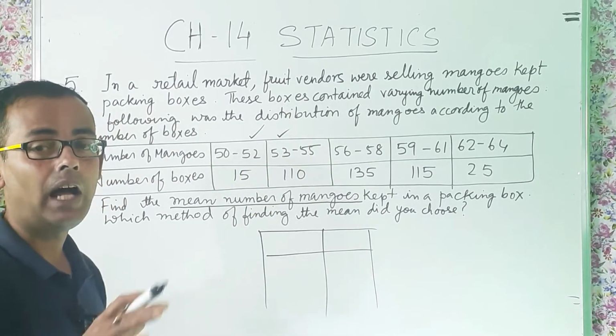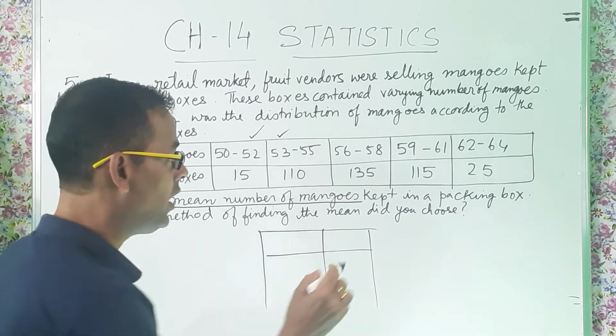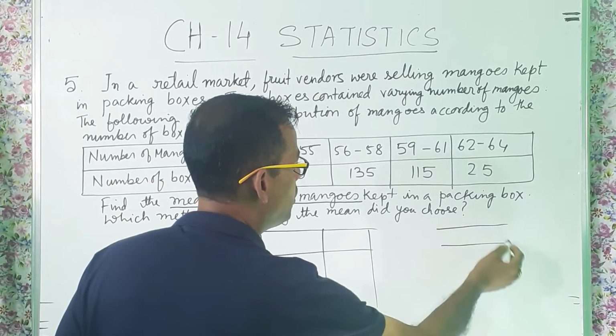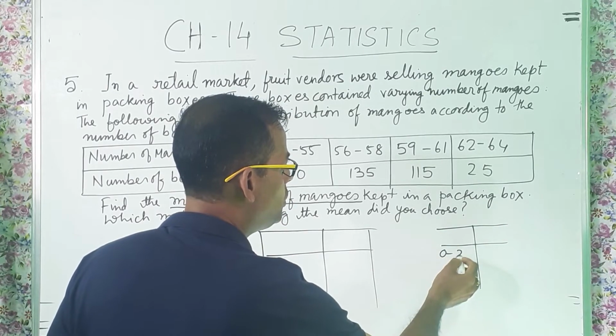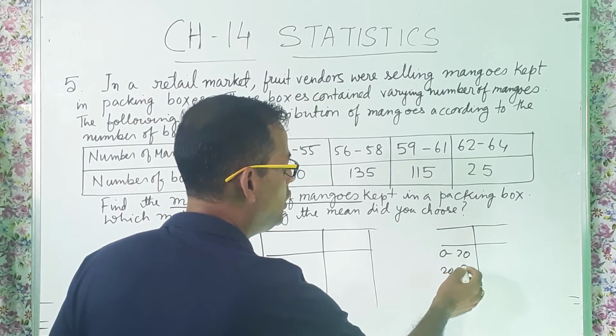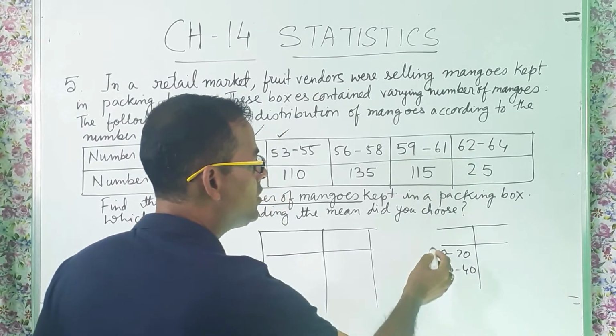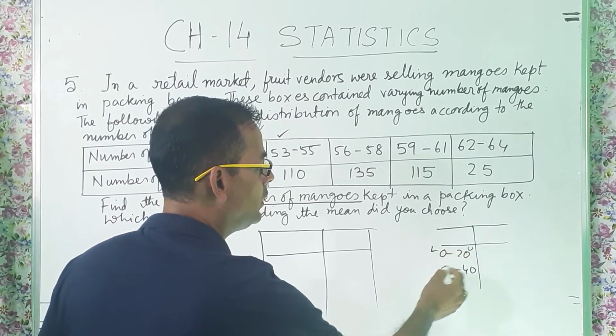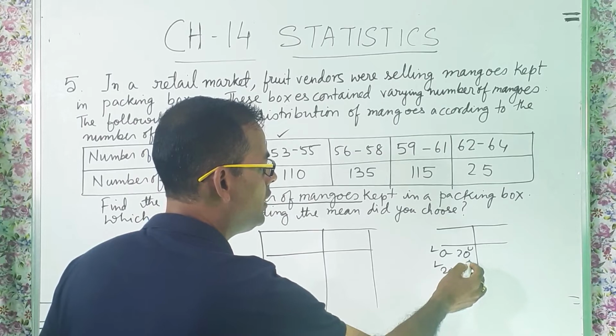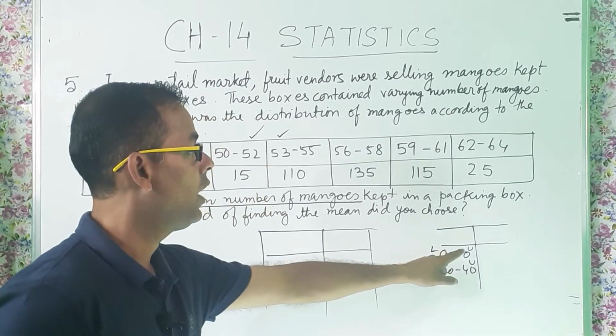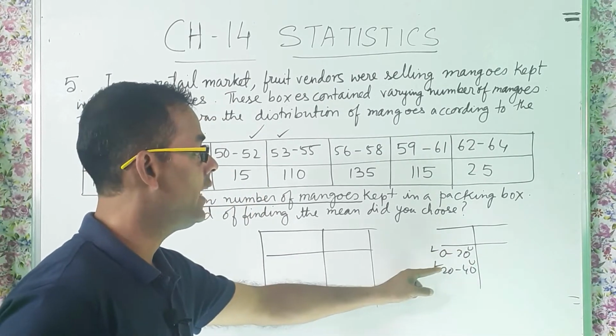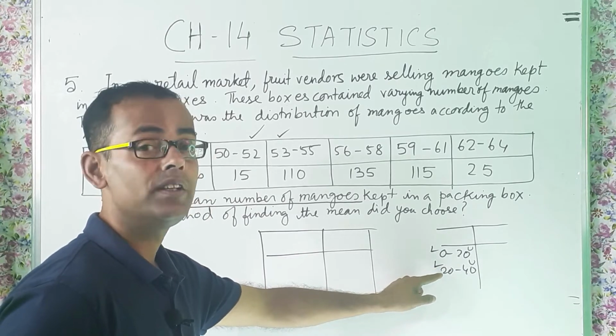But the other sums which we did were like this way. Suppose 0 to 20, 20 to 40. This was lower, this was upper, and again this was lower, this was upper. So upper was 20, and the next row's lower is 20.